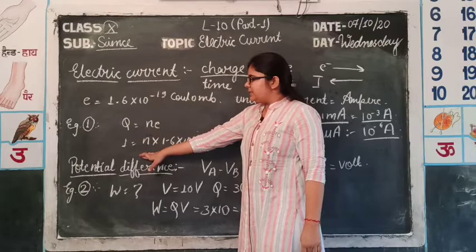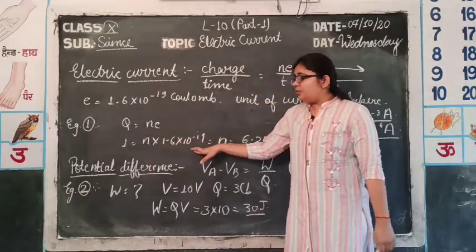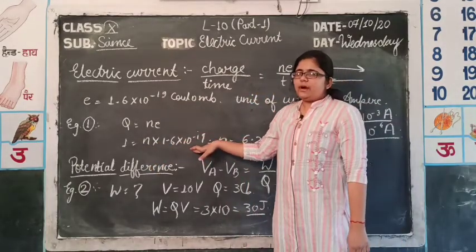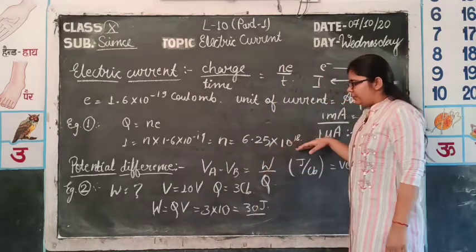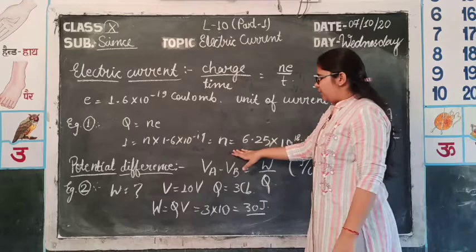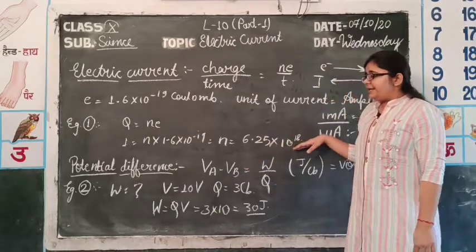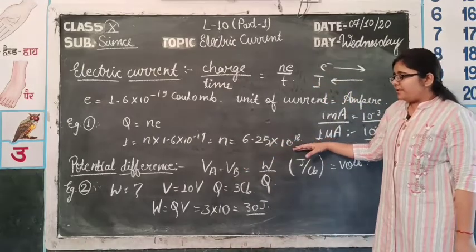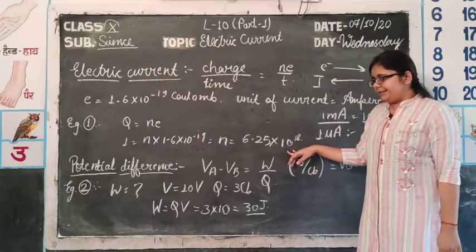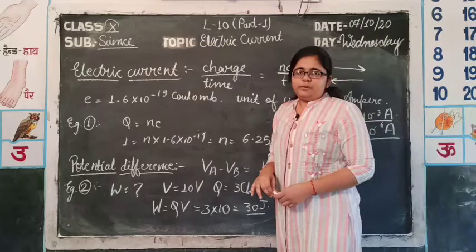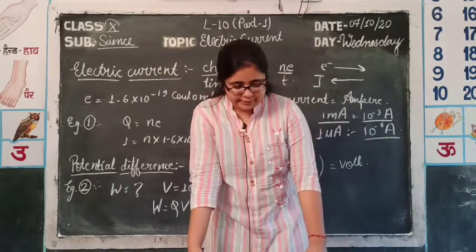So, 1 coulomb is equal to n multiplied by 1.6 into 10 to the power minus 19, the charge of 1 electron. Then the number of electrons will be 1 divided by 1.6 into 10 to the power minus 19, that is 6.25 into 10 to the power 18. So, this was the formulas as well as units of electric current.